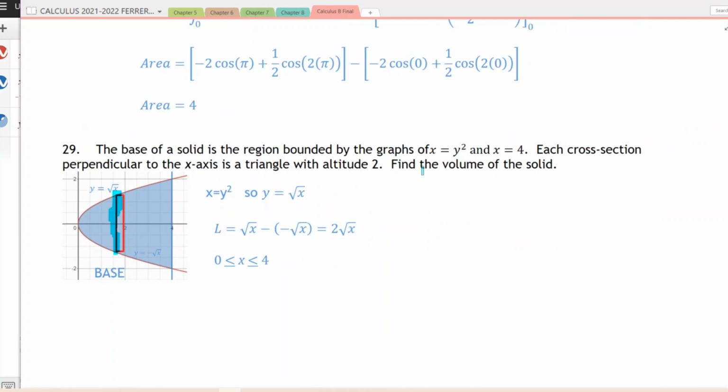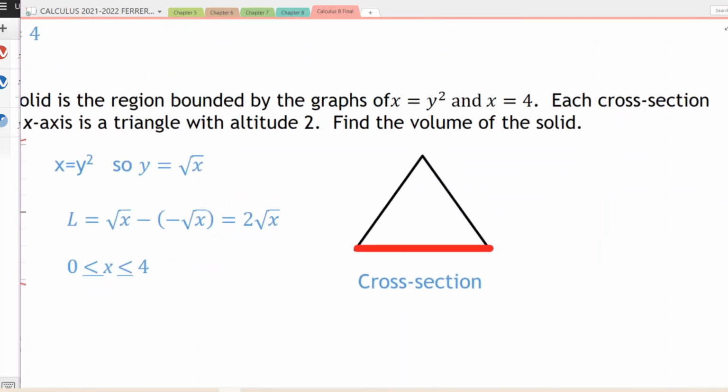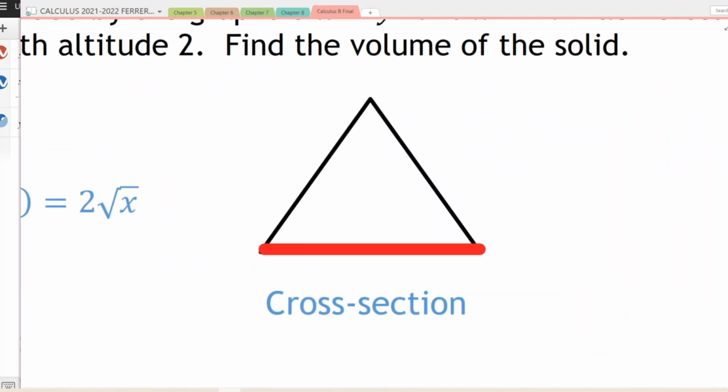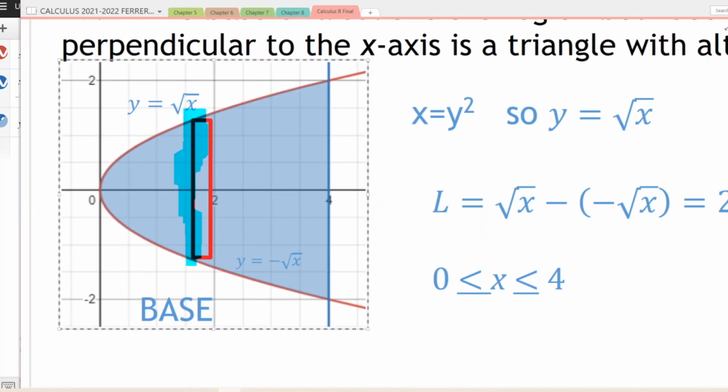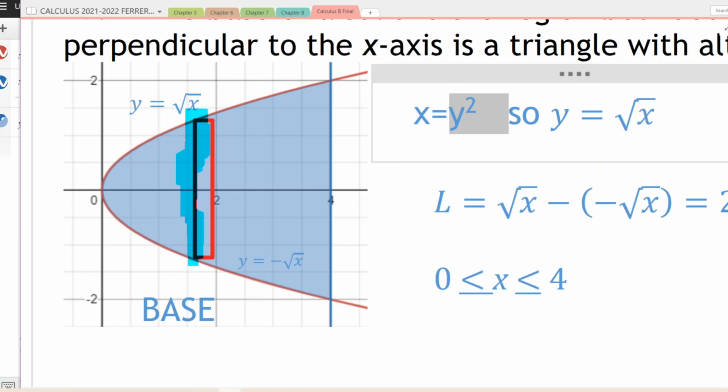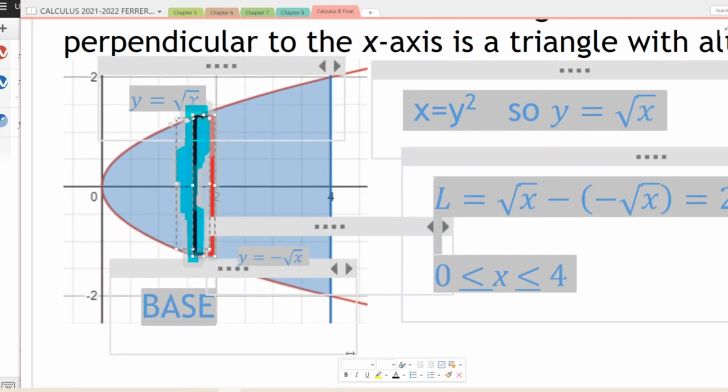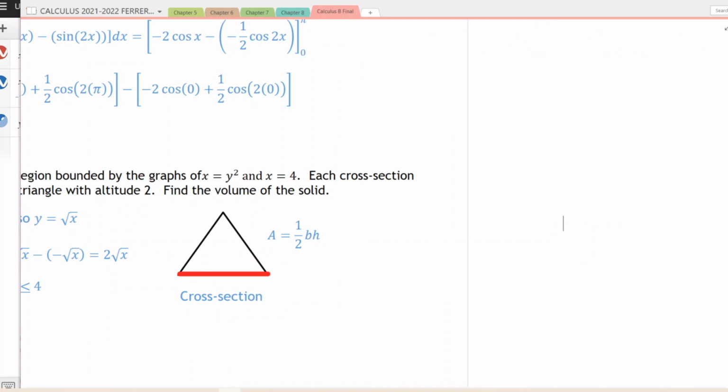Let's deal with the cross sections now. The cross sections are triangles with an altitude of 2. So we need to get the area formula for a triangle. Here's our cross section, which is going to be a triangle. In red here, I have my length L, which we know is 2 root x. Now we just have to get the area of this cross section. Since it is a triangle, the area is 1/2 base times height.